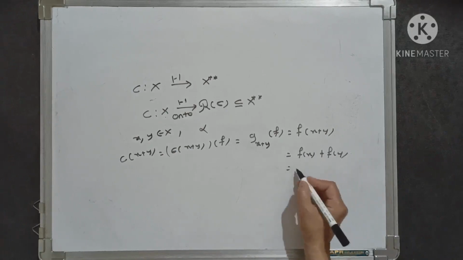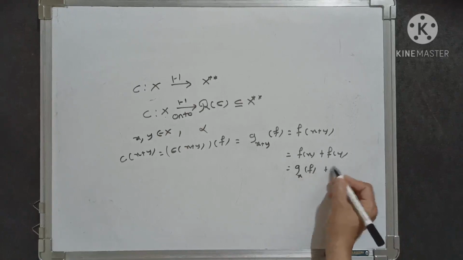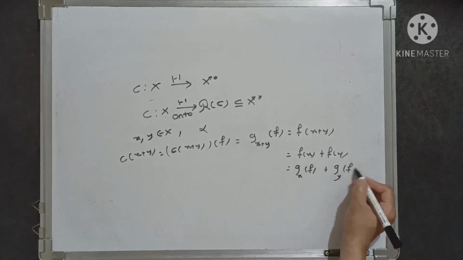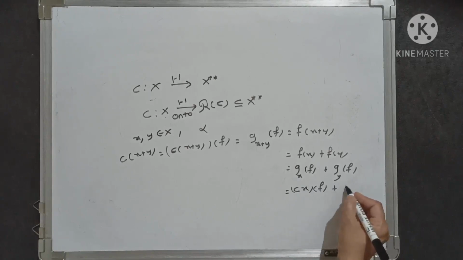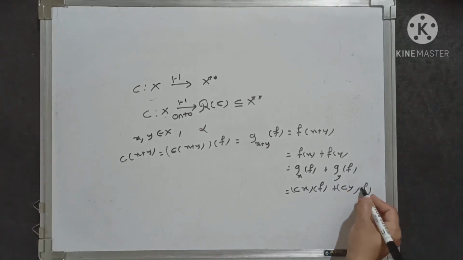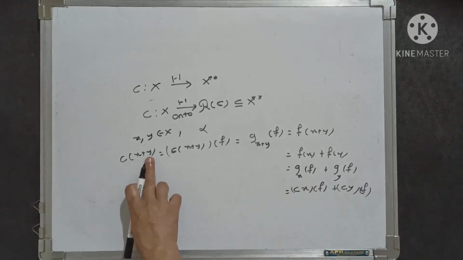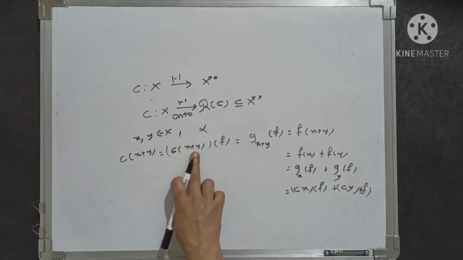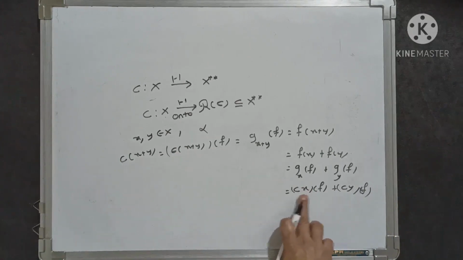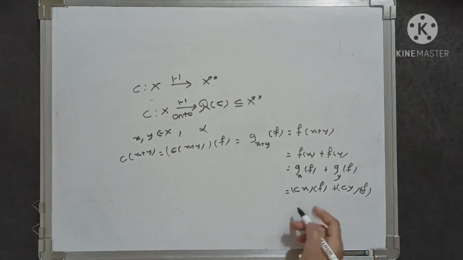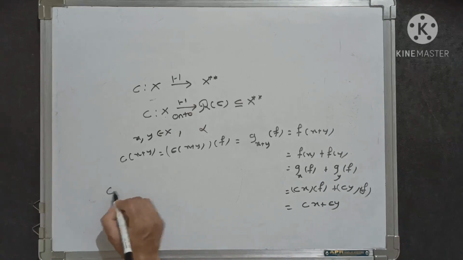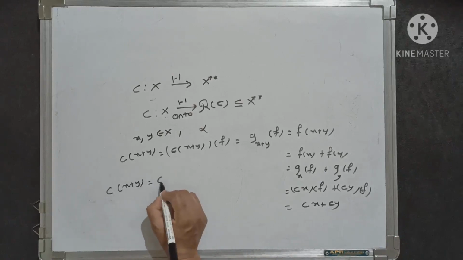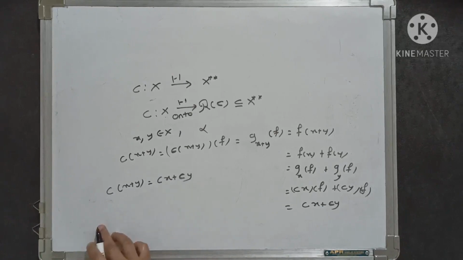Again, f of x is written as gx of f, and f of y is written as gy of f. Now gx of f is nothing but Cx of f, plus Cy of f. That means we start with C of (x plus y), which is equal to C of (x plus y) of f, and it is equal to Cx of f plus Cy of f, and it is equal to Cx plus Cy. That means C of (x plus y) is equal to Cx plus Cy.